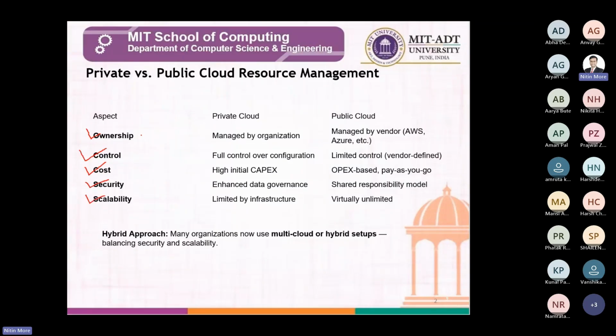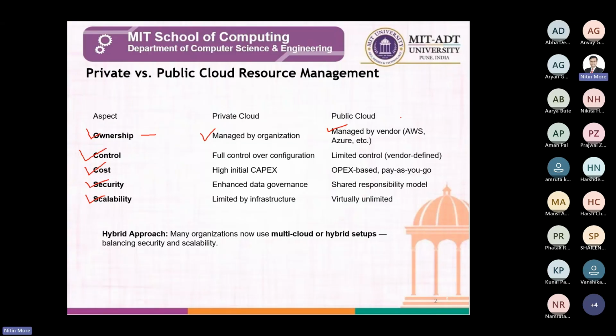With the ownership aspect, if we discuss resource management in private cloud, the ownership is managed by the organization, and the total cost of ownership is with the organization, with the owners of the organization. Whereas in public cloud, it is managed by the vendors. So maybe AWS, Azure, or Google will have the overall management of the cloud and the resources.